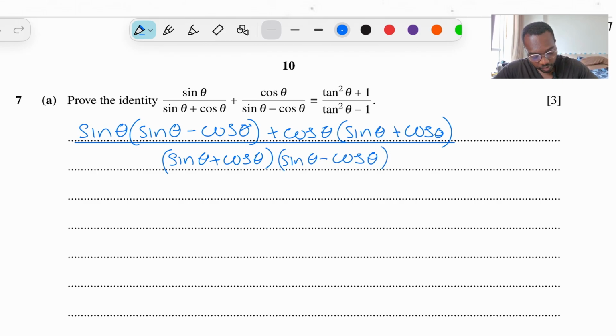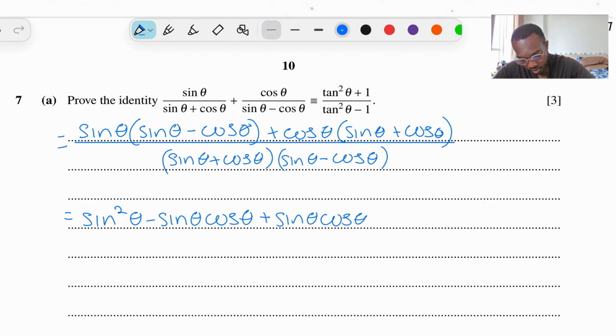Okay, so if we multiply this out, we get sine squared theta minus sine theta cos theta plus sine theta cos theta plus cos squared theta, okay? And that would be all over, well, this would give me a difference of two squares.